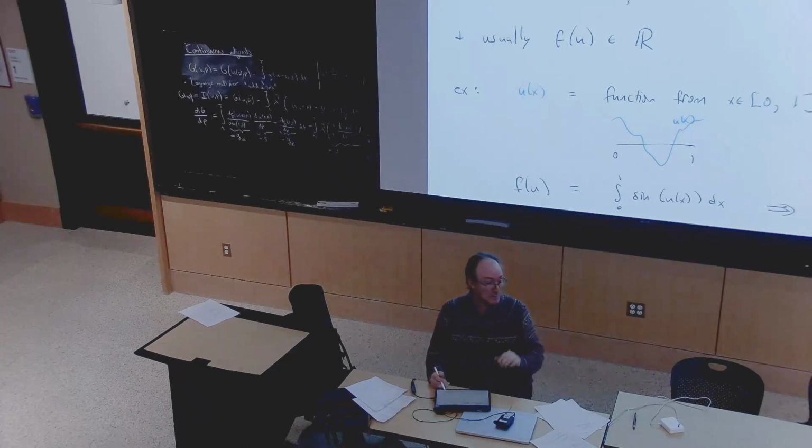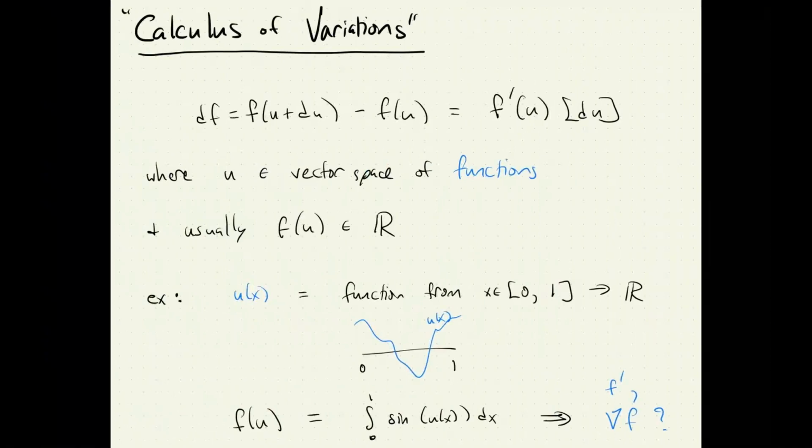But let's do this before we do the gradient and the dot product. Let's just linearize. So we're going to take df. We take f of u. Remember, u is a function. By the way, this is sometimes called a functional.